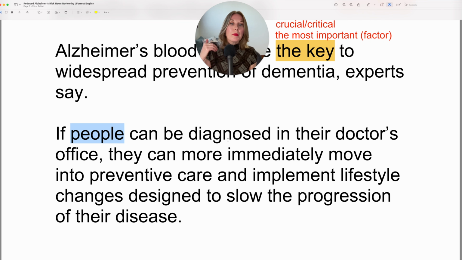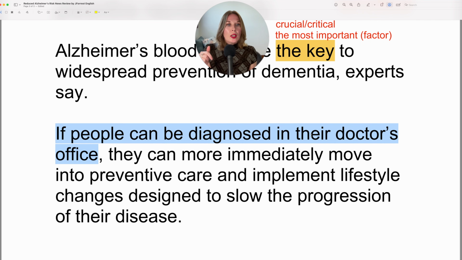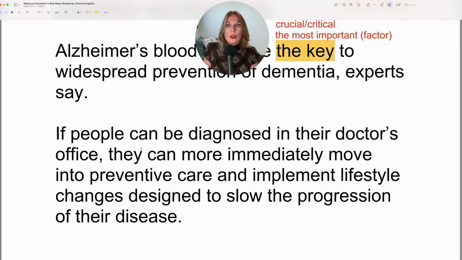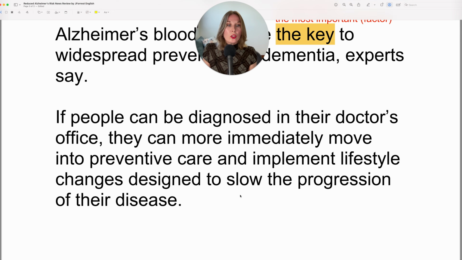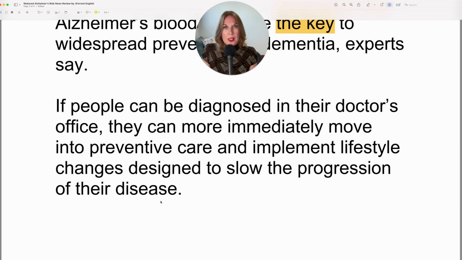If people can be diagnosed in their doctor's office. So said another way, it'd be if the doctor can diagnose people in their office, the office now belonging to the doctor, in their office. So if people can be diagnosed in their doctor's office, they can more immediately move into preventative care and implement lifestyle changes designed to slow the progression of their disease.